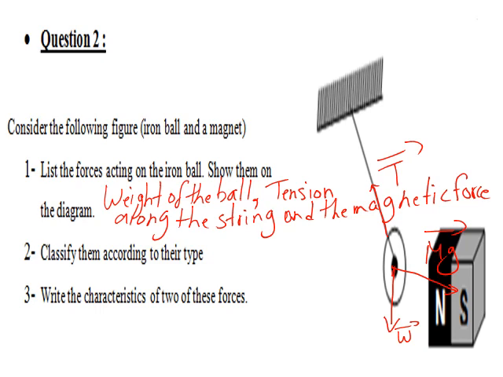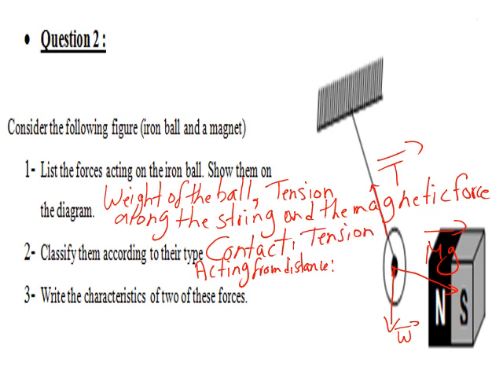All of you know we have two types, either contact or acting from a distance. The tension along the string is a contact force, while the weight and magnetic force act from a distance.